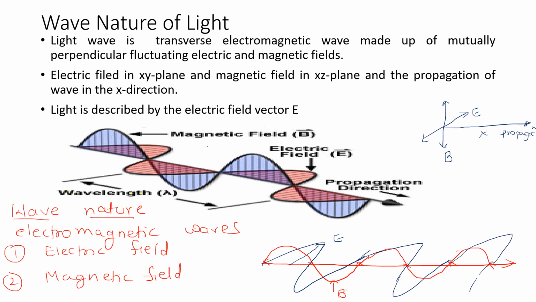So this is X, this is Z, and this is the Y direction. The magnetic field is vibrating in the XZ plane, whereas the electric field is vibrating in the XY plane, and the propagation of light is along the x-axis, as shown in this figure.